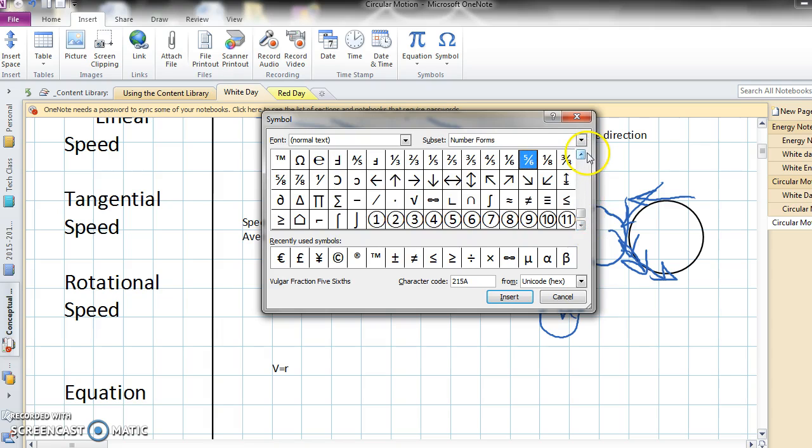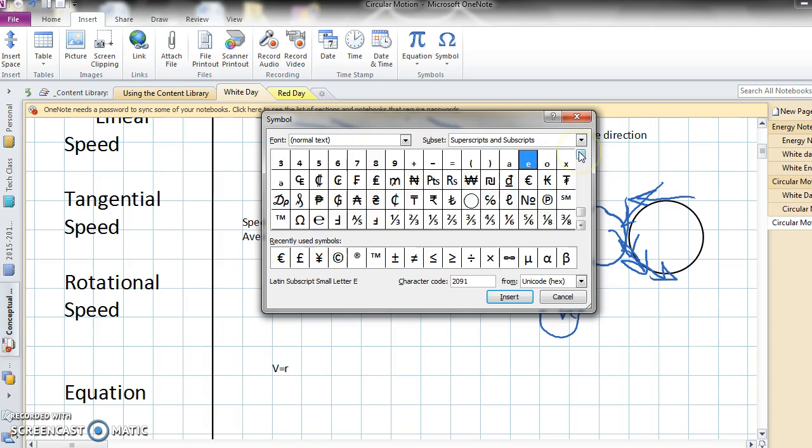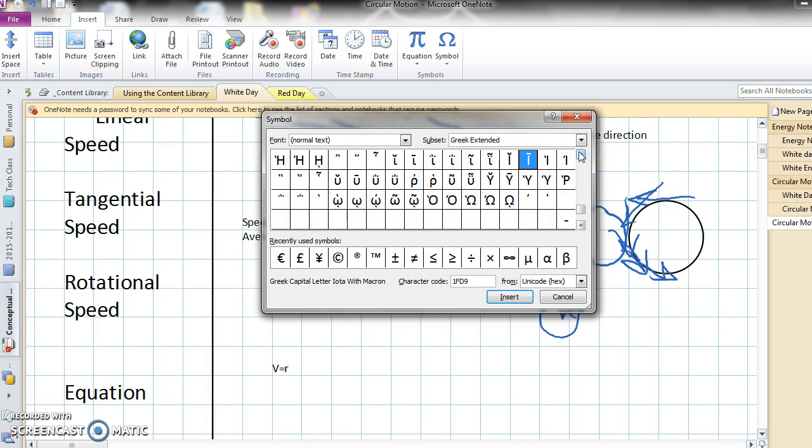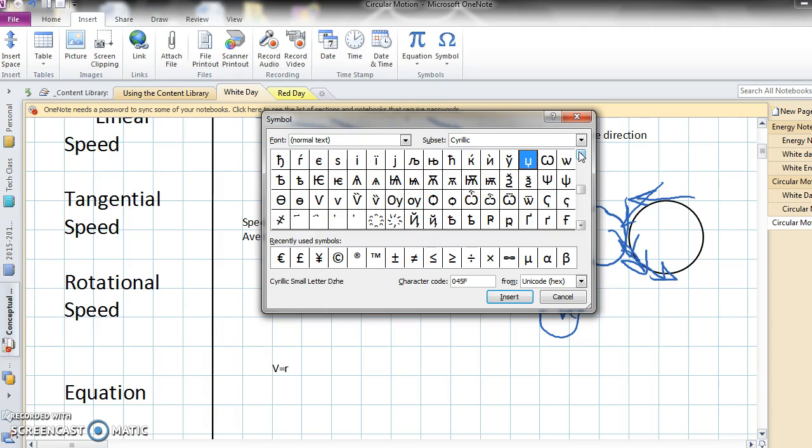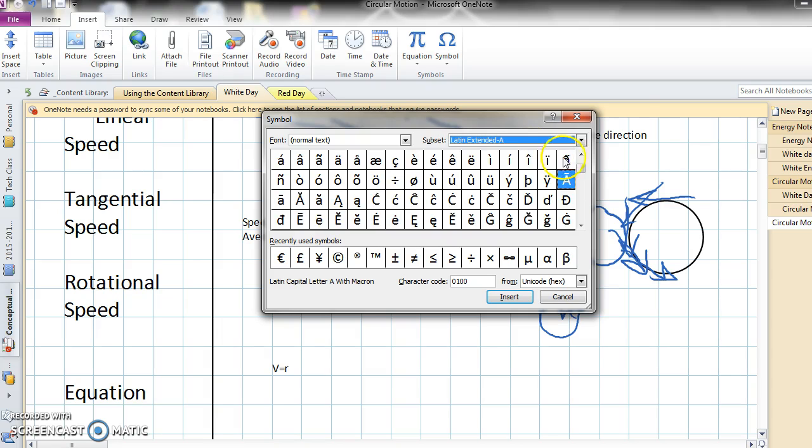Of course, I'm not going to find it. Okay, so I'll just draw it.